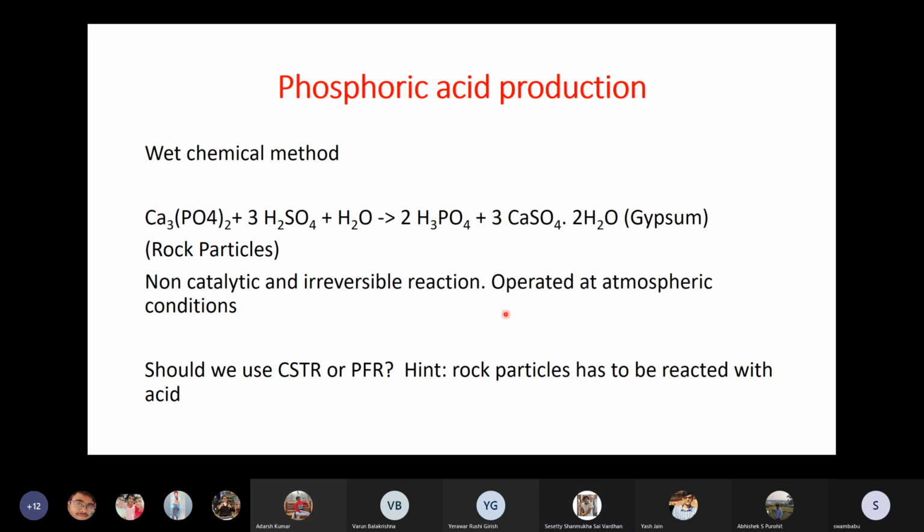So that's why we use CSTR in this case rather than the PFR, because the particles need to be suspended. The particles should not be allowed to settle. If they settle, the reaction will not happen, or there will be very low yields. So we use CSTR in this case.